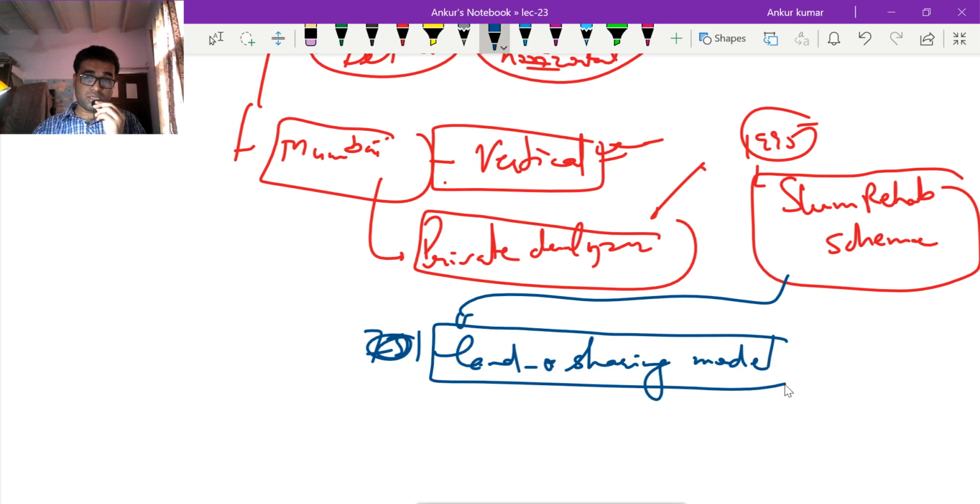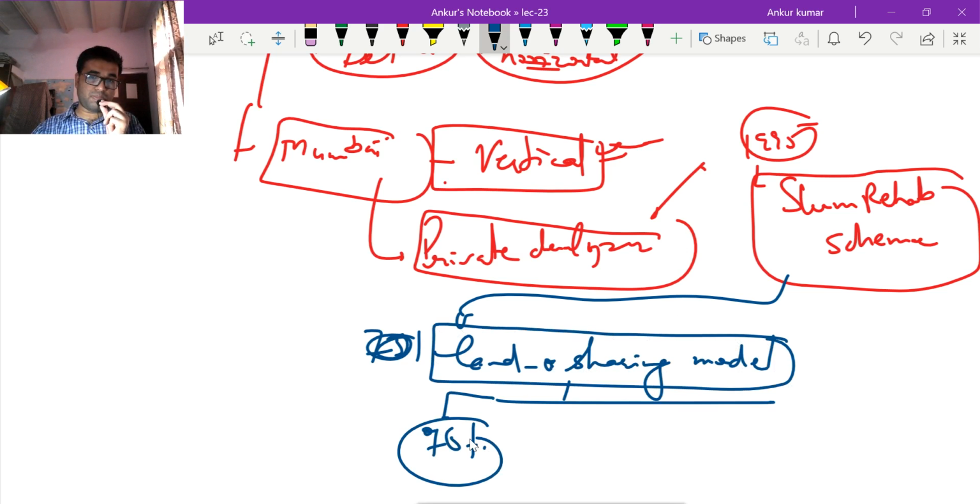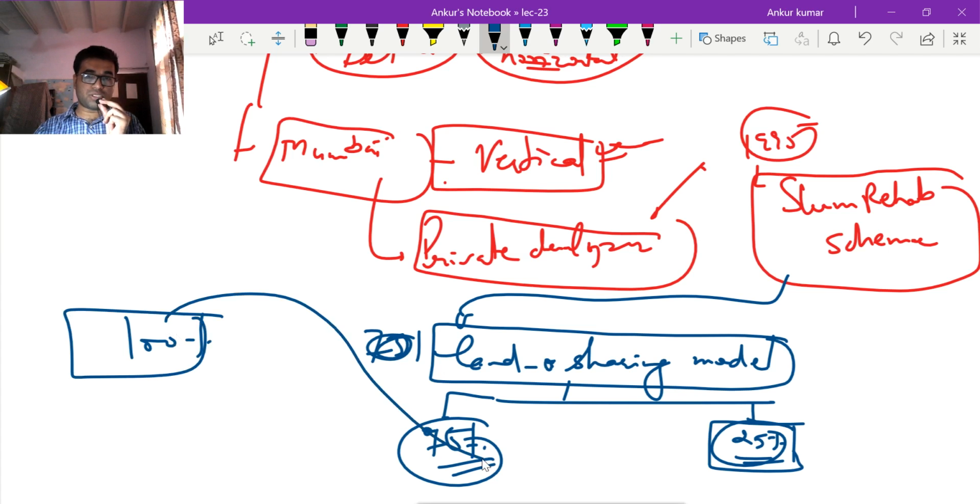In this model, what they did, they used cross subsidization. On 75% of the land, they developed the units which were sold in the market at the market rate. However, on the remaining 25%, they cross subsidized. And now you can see that those people who were earlier living on 100% land were squeezed into the 25% of the land.